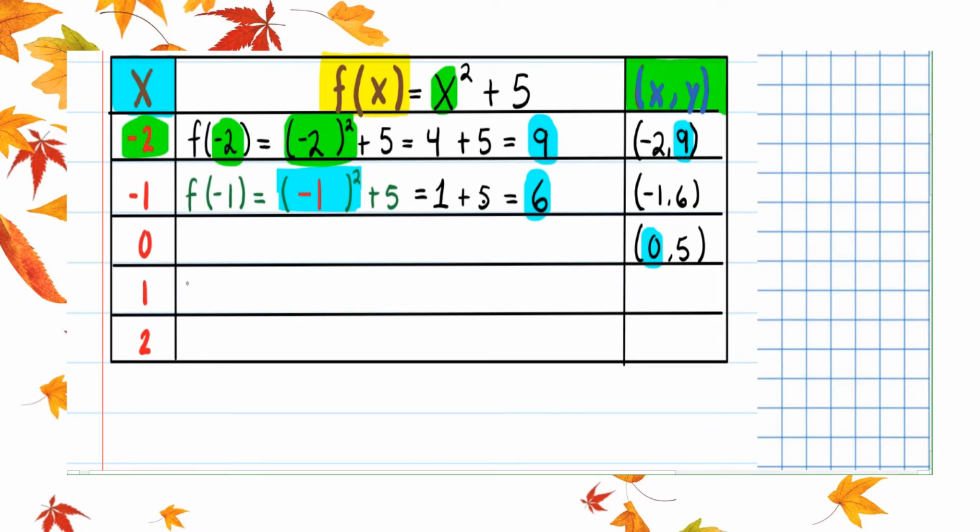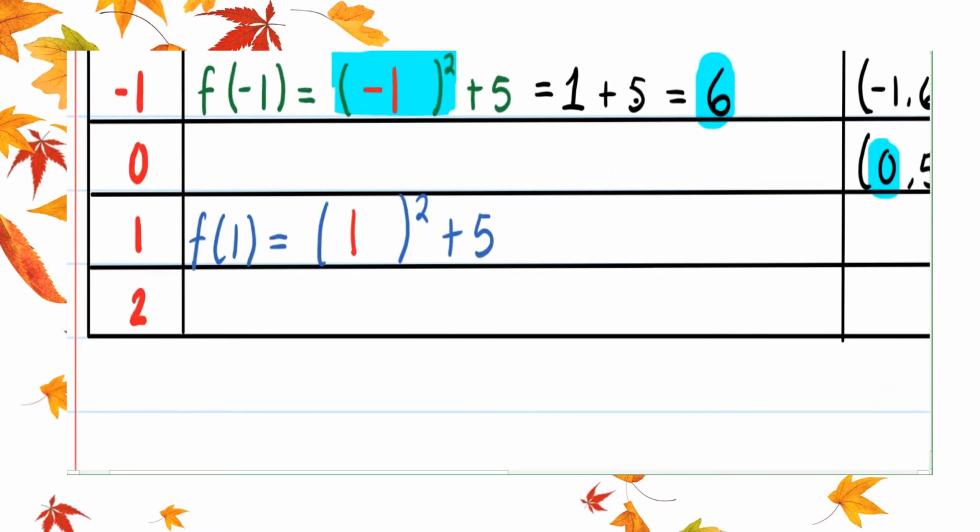Let's go ahead and now plug in +1 to our equation. So substitute +1 everywhere we see x, since we already did -1. All right, PEMDAS, exponents first. That's an easy one. 1 to the second power is just 1.